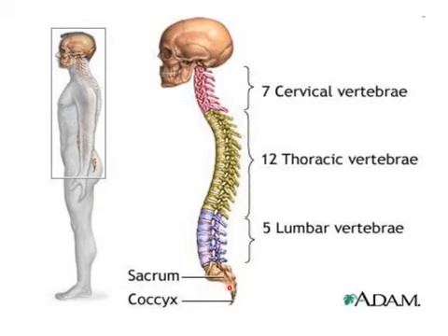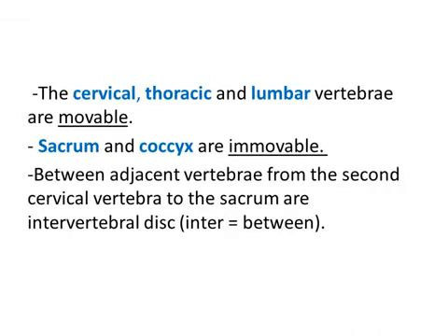This is the sacrum and at the end this is a small part called the coccyx. بالنسبة للفقرات العنقية والصدرية والقطنية the cervical, thoracic and lumbar vertebrae are movable. تتميز بأنها متحركة، while the sacrum and coccyx في حين منطقة العجز والأصأص are immovable غير متحركة.